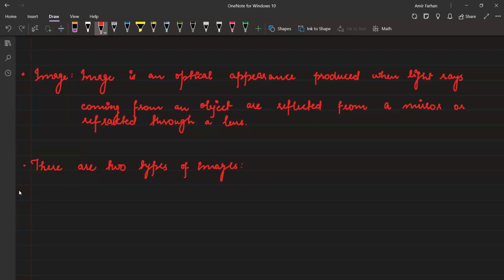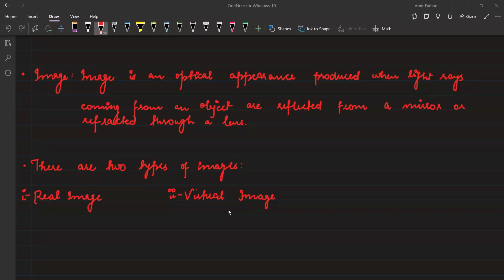First is real image, second is virtual image. Clear? So first is real and second is virtual.